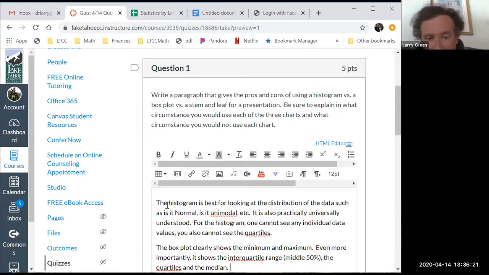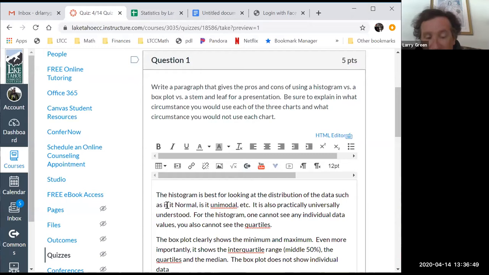But there are some cons. So the box plot, what does it not do? What does it not show? Okay, it doesn't show individual points, I'm going to say data values.